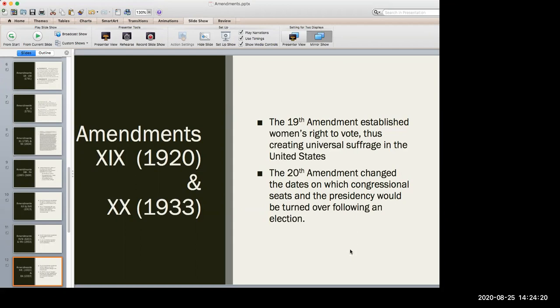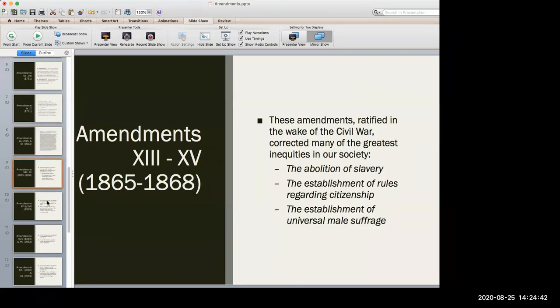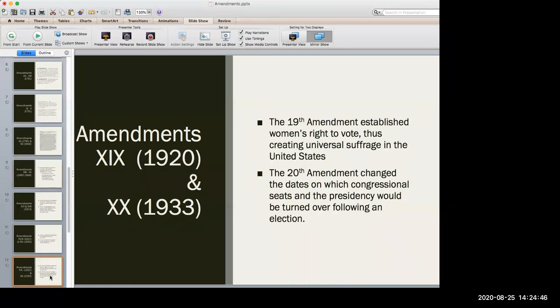But I do want to point out the 19th Amendment was ratified in 1920, 70 years after the 15th Amendment. Wait, no, 50 years. This is why you need to do the math. Right, 50 years after the 15th Amendment, the 19th Amendment was ratified.